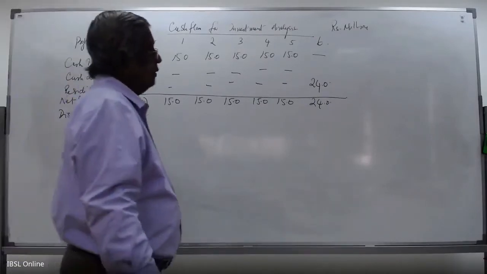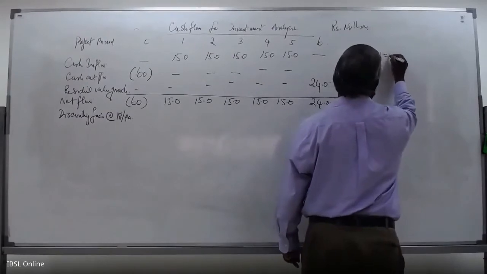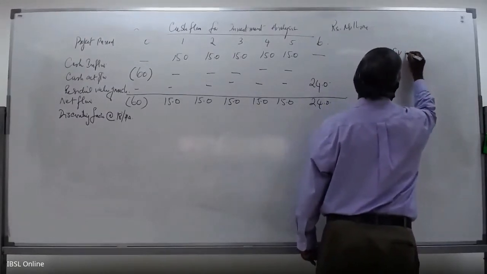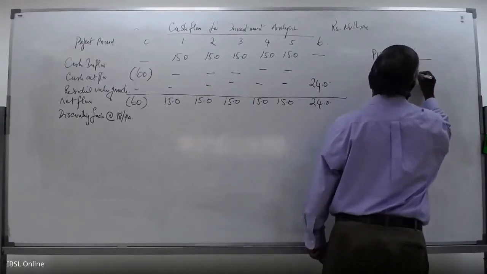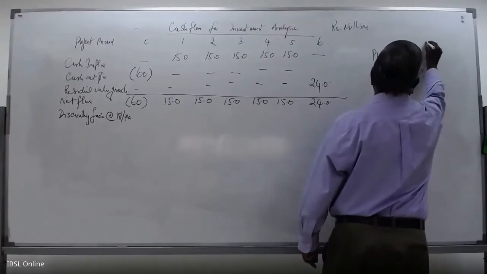Okay. Now we go to this formula. PV is equal to future value into 1 divided by (1 plus R) to the power n. So this is the discounting factor.